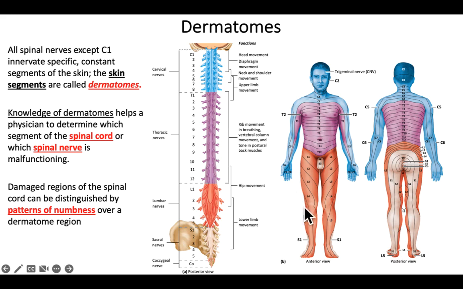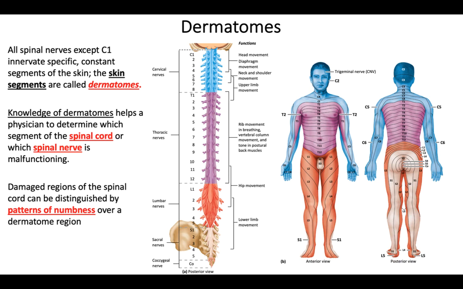So if maybe they can sense this L3 dermatome, but once you stimulate the L4, L5, maybe they're not perceiving that. That means that there's most likely an injury to L4, L5, or that area where those nerves enter the spinal cord.